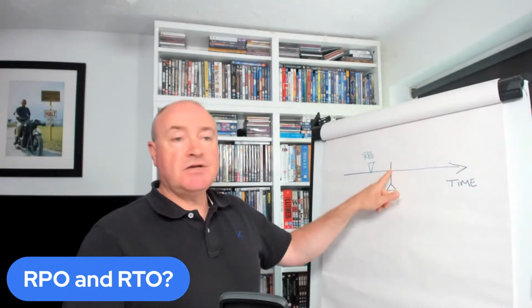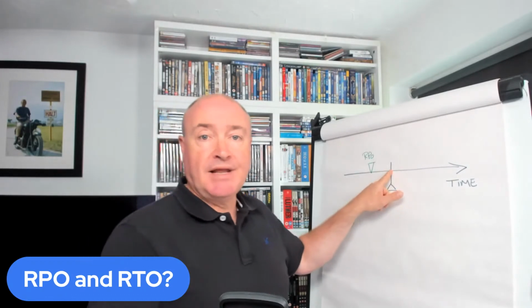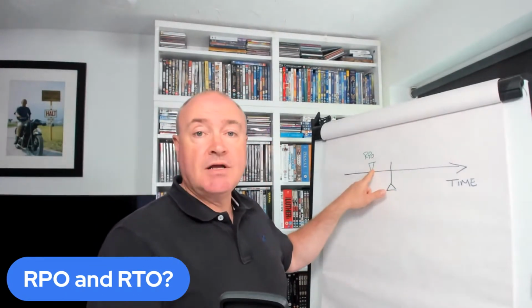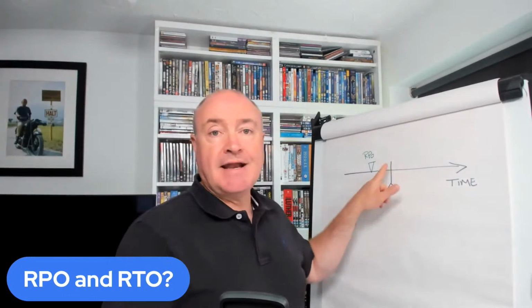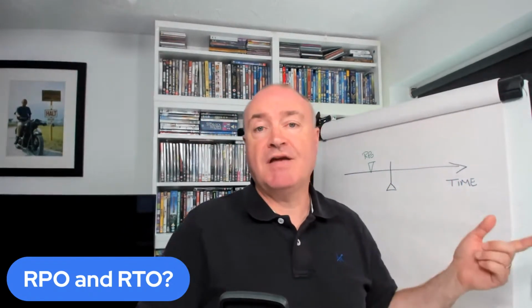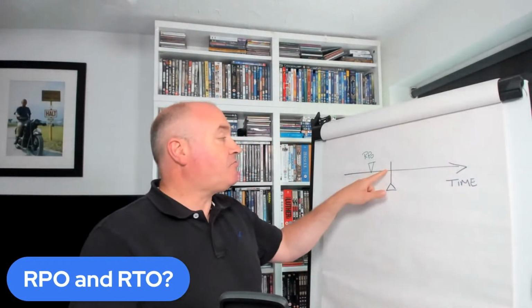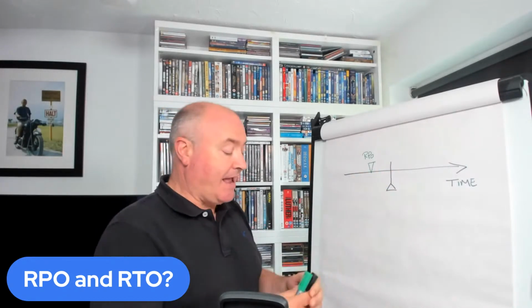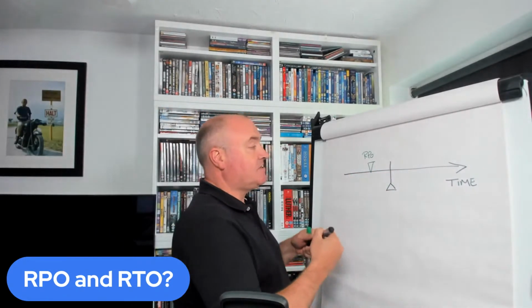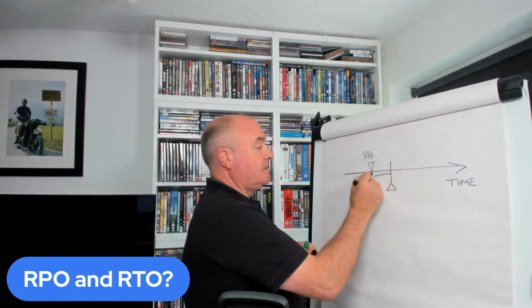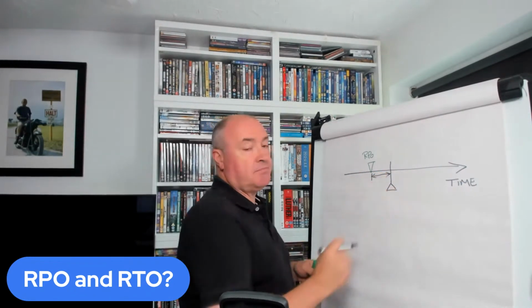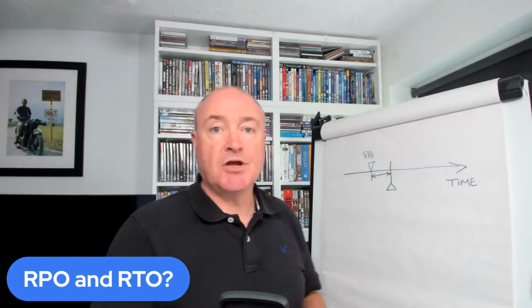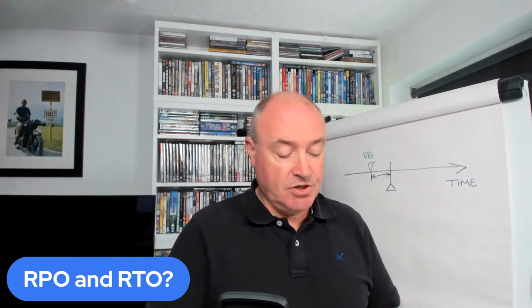So if the incident occurs an hour after those backups have been completed, you're going to go back 1 hour. If they're going to go back an hour before they're complete and they run every 24 hours, it's going to be 23 hours, the distance back. So that time is the distance between the incident and that recovery point objective. So how far do you need to go back? So how much data am I going to lose?